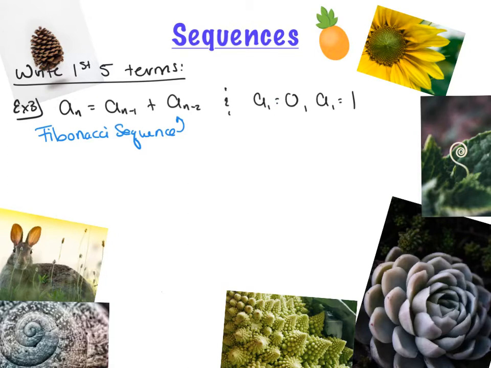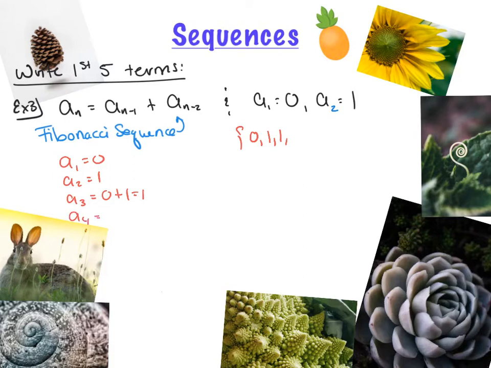Oops, and I made a mistake. The second term is 1, and I wrote that the first term was 1. I need to fix that. This should be a 2. Okay, so here's our first 5 terms. We already know that 0 is the first term and 1 is the second term. So the third term, oops, let me write that out here. The first term is 0. The second term is 1. The third term is 0 plus 1, so we get 1 again.